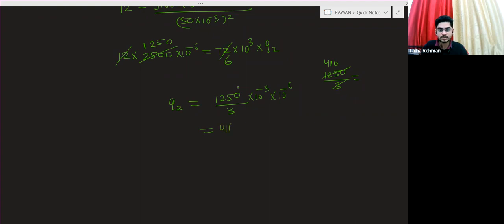This is 416.66 you can write, and what it will come? Power minus 3 and minus 6, 10 to the power minus 9 it will become. Okay, so if you can write this like this also, 4.16 multiplied by 10 to the power minus 7. This will be your answer. Coulomb.